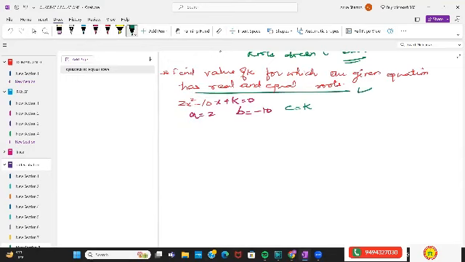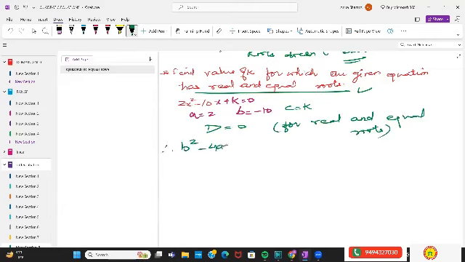So for this condition, your discriminant should be equal to 0. Therefore, b square minus 4ac will be equal to 0.